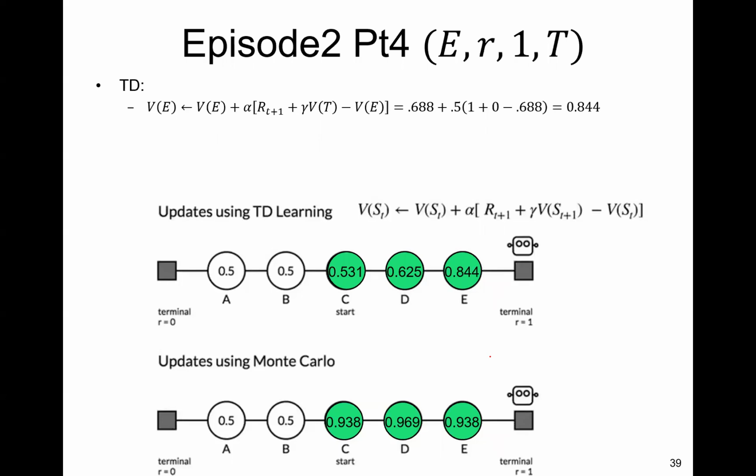So now I added this new transition from the last lecture. So now you move one more step to the terminal. Now in TD, VE is updated based on the terminal, the reward of 1. So now its value is closer to the ground truth of 1.